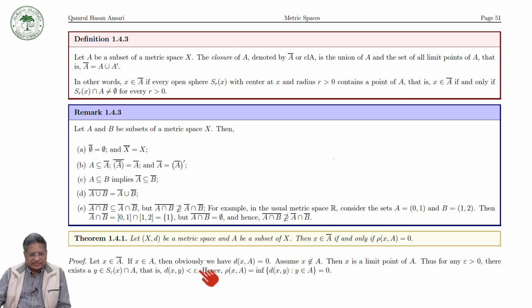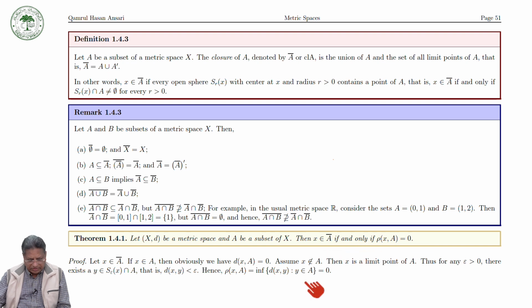Now by the definition, rho(x, A) is equal to the infimum of d(x, y) such that y is in A. Now we are taking the infimum, and epsilon is very, very small. Say for example epsilon is equal to 1 over n as n tends to infinity. This will tend to 0, and because we are taking the infimum, it will be equal to 0.